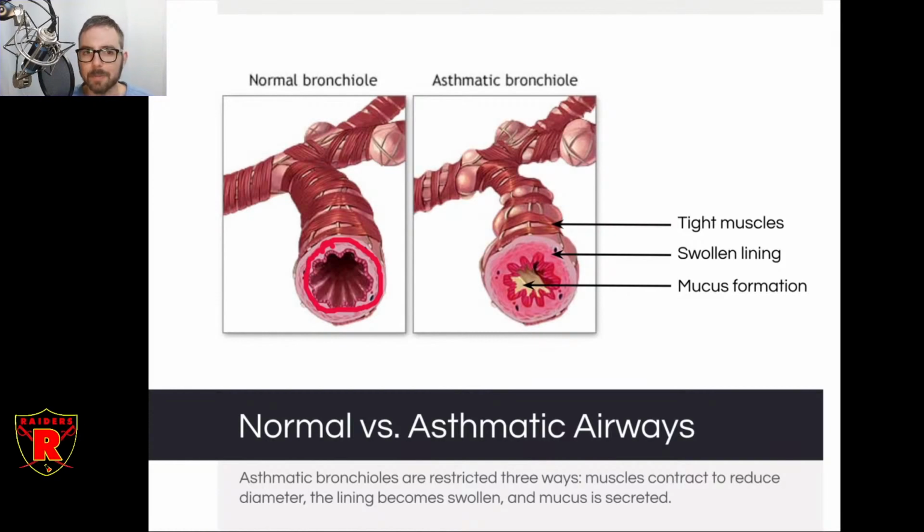I can't think of the word. Swelling that occurs, and then there's also an increase in mucus production while that episode is occurring. And you can see that when that happens, that's really going to restrict your ability to pass air to your alveoli. And in fact, it does do that. So it highly, highly restricts your ability to breathe.